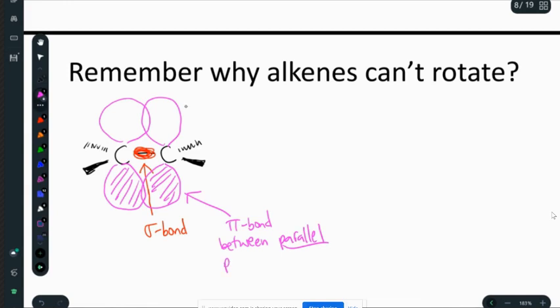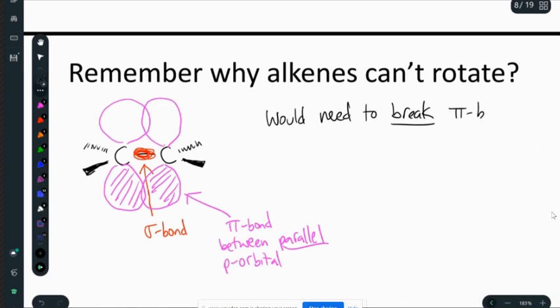And in order for those to stay overlapping, they need to stay parallel. Well, if I tried to rotate around that bond, I would have to break the pi bond. So I would need to break the pi bond to rotate around this CC bond.